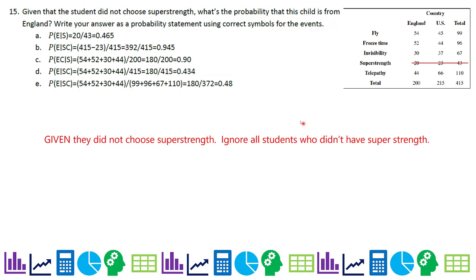Actually, I should change that. Let me get my pen. I meant ignore all students who chose super strength. By the way, none of them have super strength, so I wonder why I wrote that. Okay, so ignore all students who chose super strength, and that's why I crossed out the line there. Get back to my laser pointer.